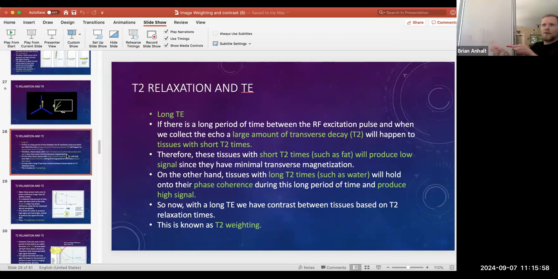Tissues that hold on to their transverse magnetization for longer and have a long T2 time will thus look bright. Again, we have contrast, right? That contrast now being based on the transverse decay rates as opposed to the longitudinal recovery times.